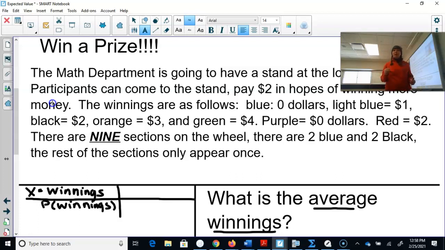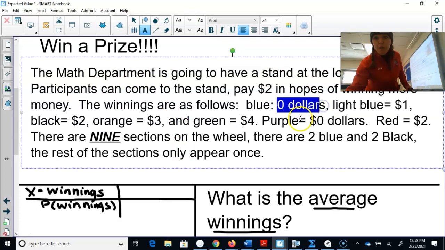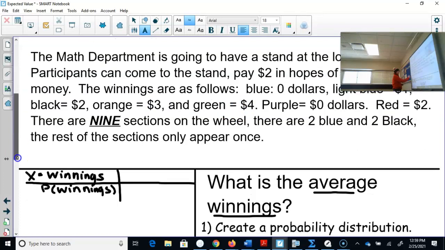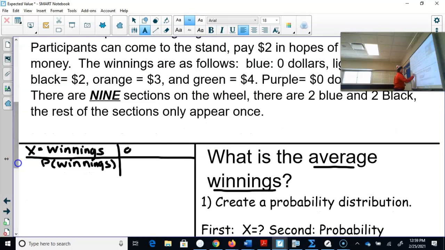Let's just talk about what we could win. We could win $0, $1, $2, $3, or $4. So let's write that out right now: 0, 1, 2, 3, and 4.